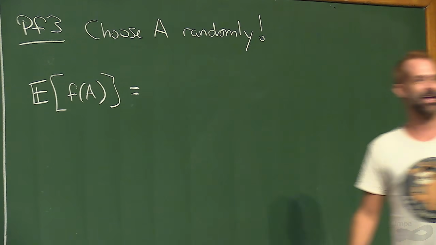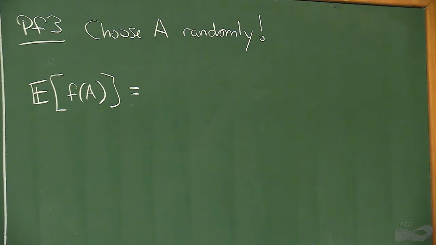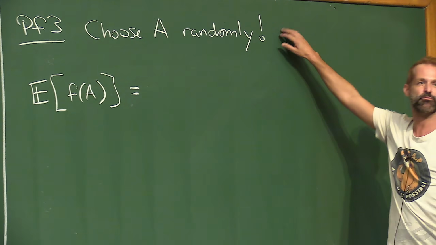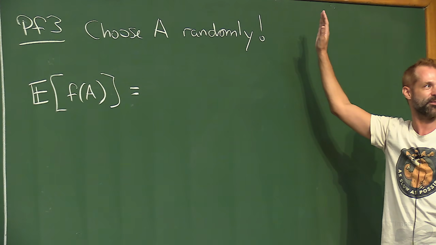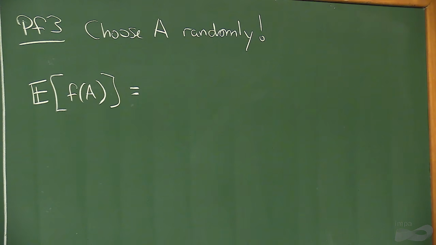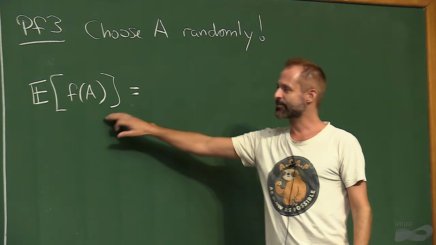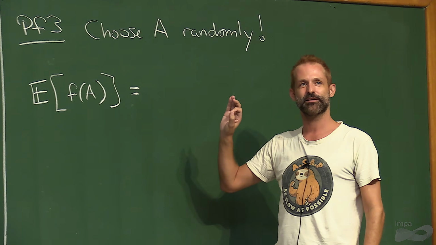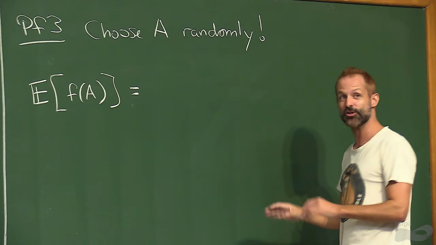What is the expectation of this random variable f of A? So how am I choosing A? I'm choosing A just uniformly at random over all of the subsets. There's 2 to the n of them, stick them in a bag, pull one out, that's your A. All the same probability. What is the expectation of f of A? Expectation has this wonderful property. Expectation is just the average, right?